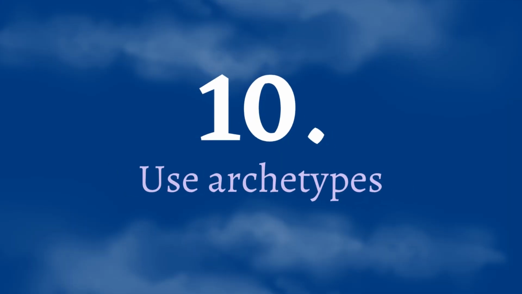So the other thing, number 10, use archetypes. Now, archetypes are intended to be used to create relatable characters. Basically, it's a universal symbol like a mentor, the shadow, the trickster, things like that.